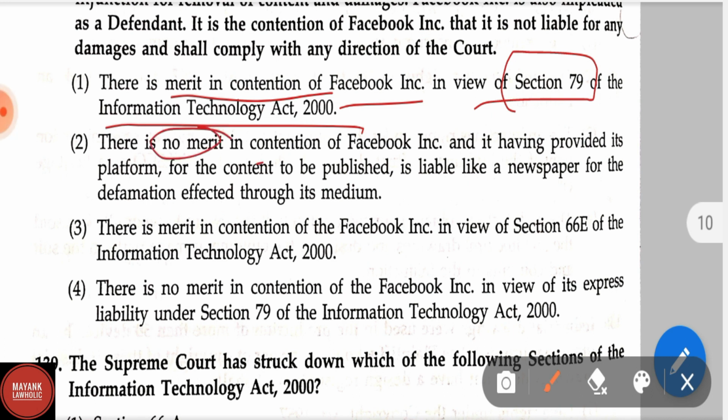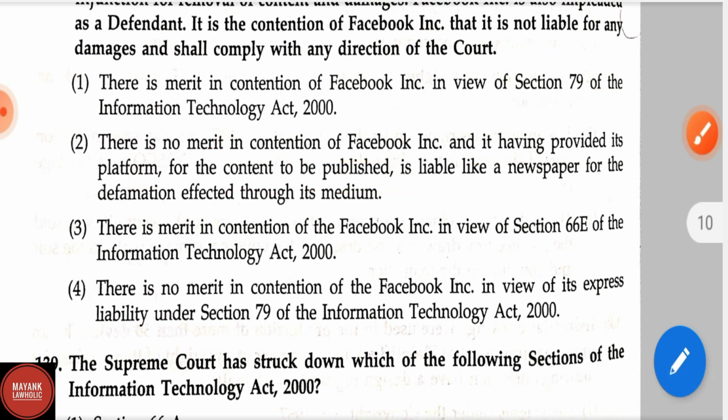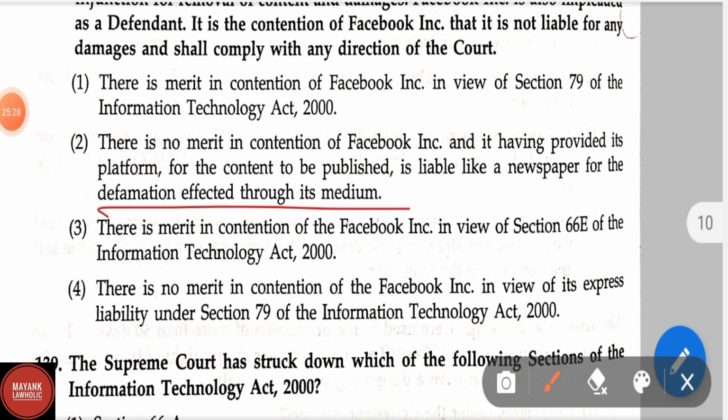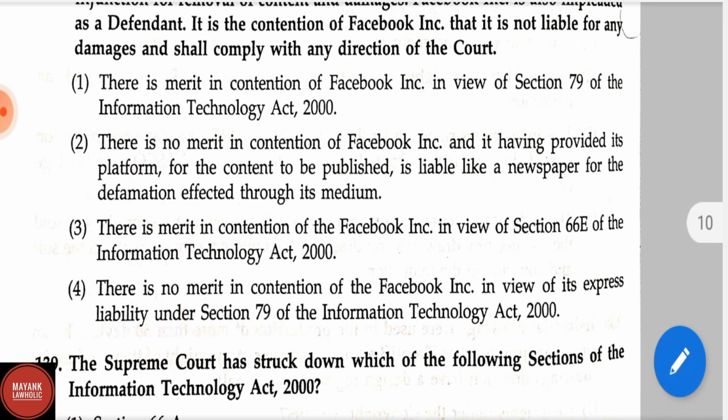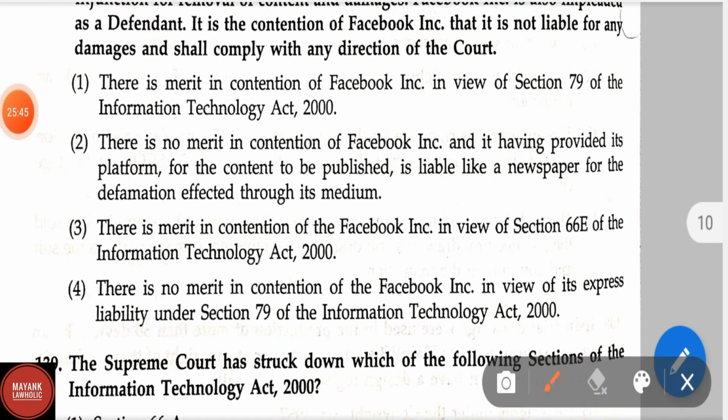There is no merit in the contention of Facebook, and it having provided its platform for the content to be published is liable, like a newspaper, for the defamation effected through its medium. Option 3, there is merit in the contention of Facebook in view of Section 66E of the Information Technology Act 2000. There is no merit in the contention of Facebook in view of its express liability under Section 79 of the Information Technology Act 2000. In this question, the correct answer is option 1. There is merit in the contention of Facebook in view of Section 79 of the Information Technology Act.